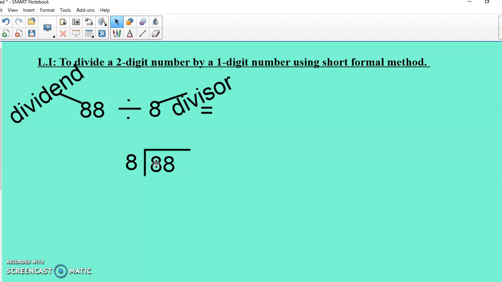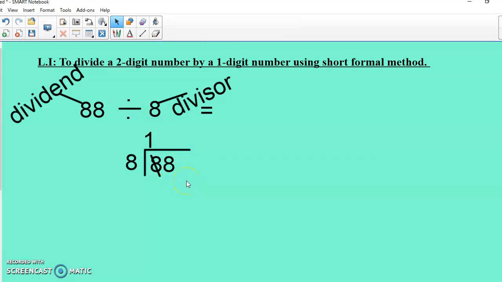I think that should be 1. So if 8 children share 8 apples, each one will get 1. So I'm going to cross my tens column and write my 1 on top. Now I'll go to my ones column and ask the same question.